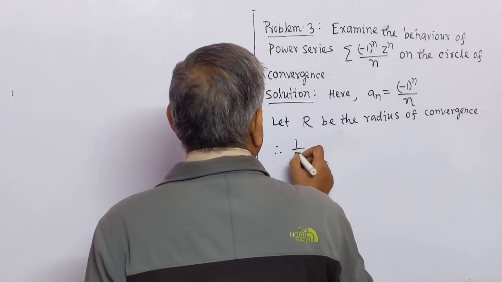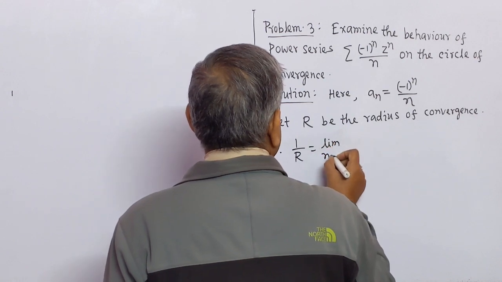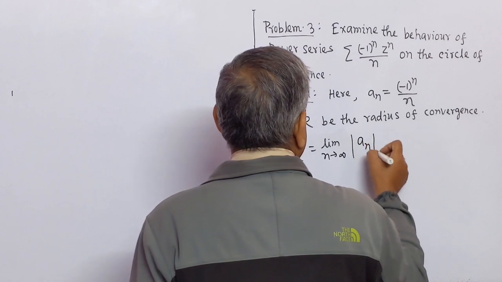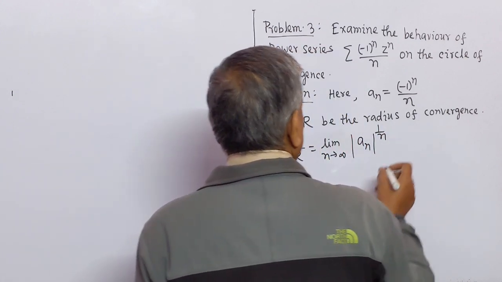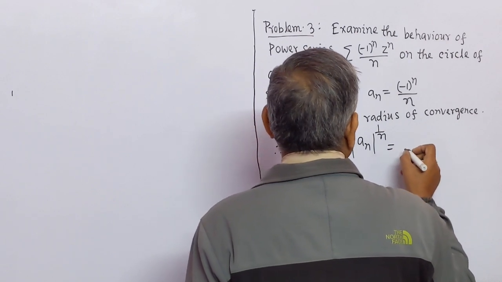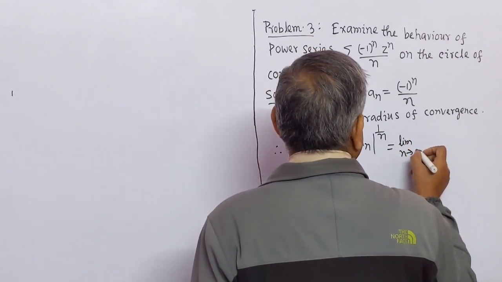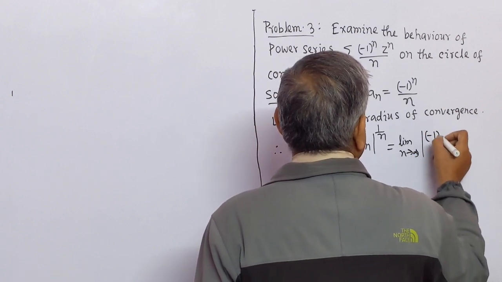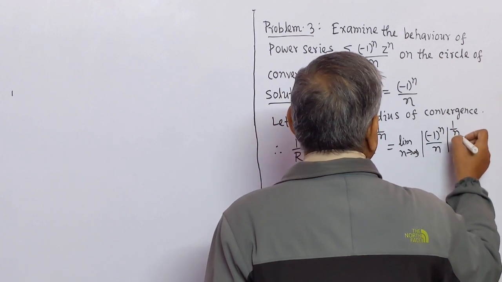Therefore 1 by r equals limit n tends to infinity modulus of a_n to the power 1 by n, and this is equal to limit n tends to infinity modulus of (minus 1 to the power n by n) to the power 1 by n.